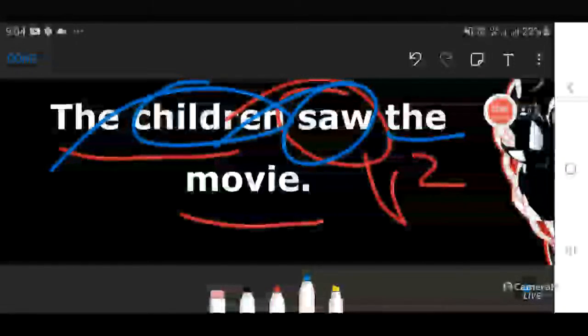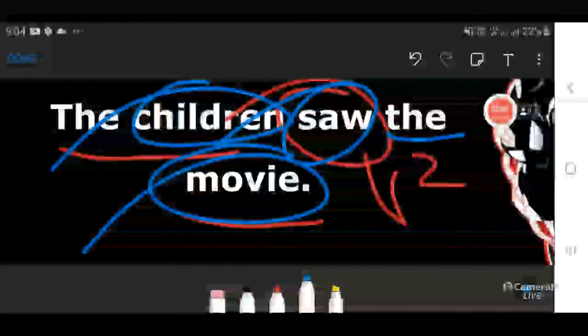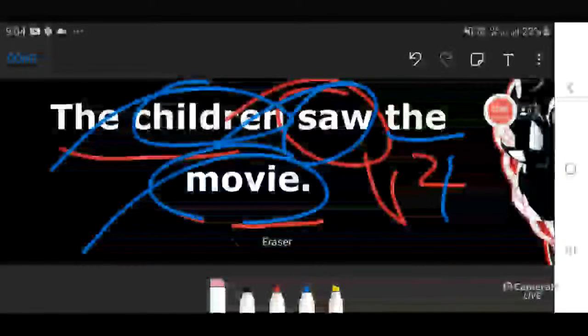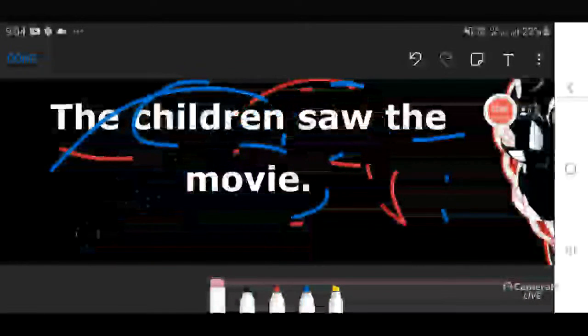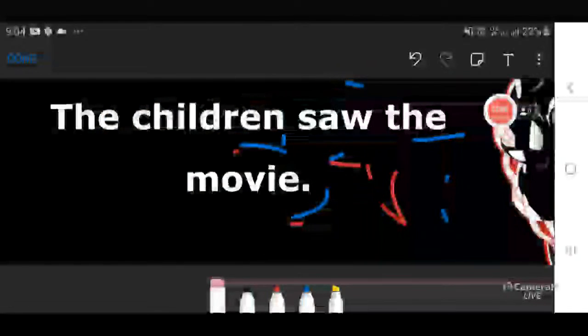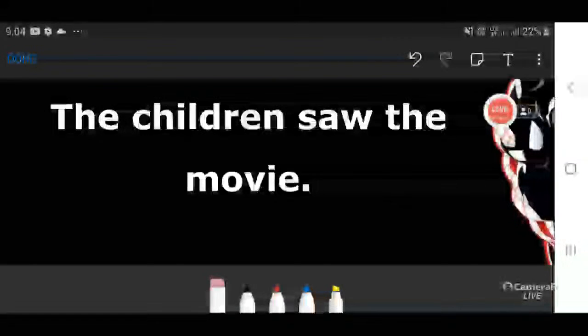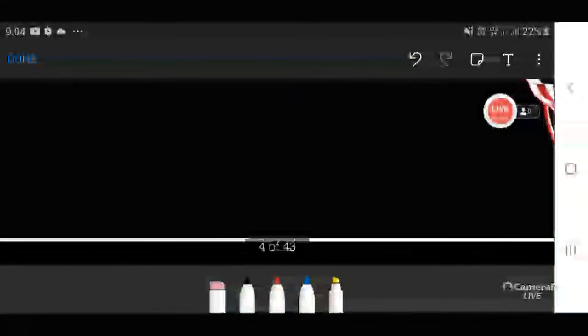The is a definite article. I am just underlining all these things. Pay attention very carefully. Don't worry about what this is all about. Fine. So simply we should not say this is passive voice.